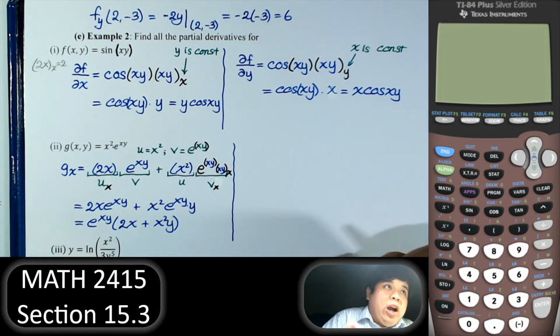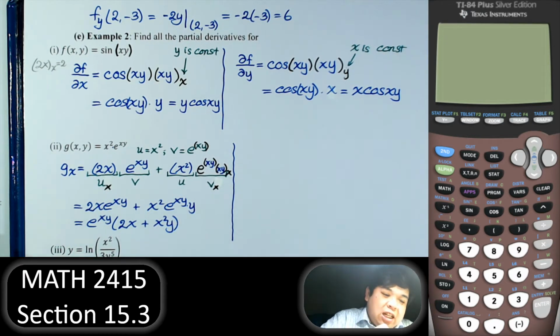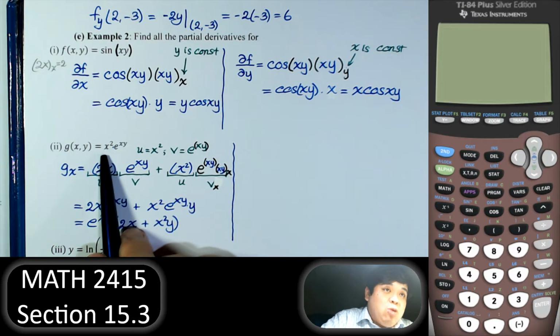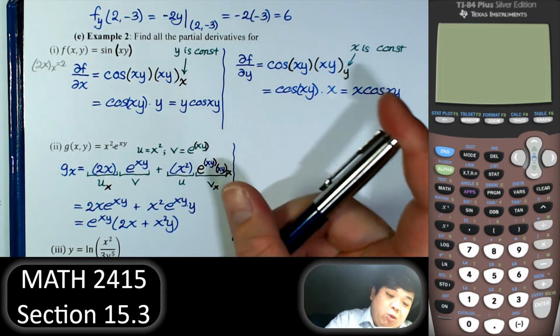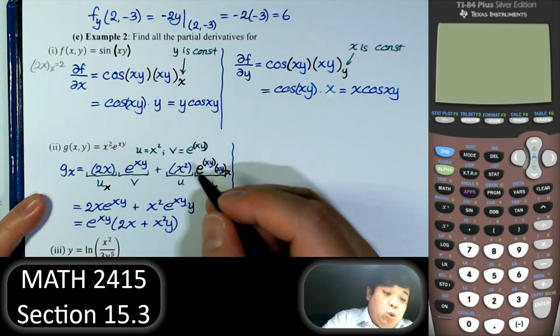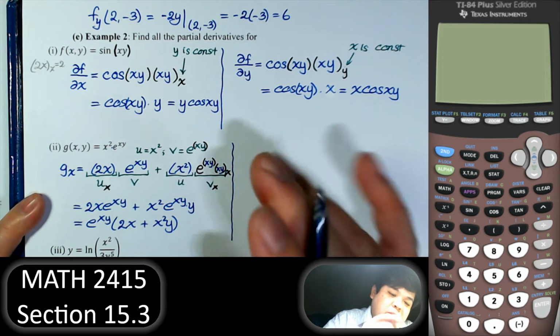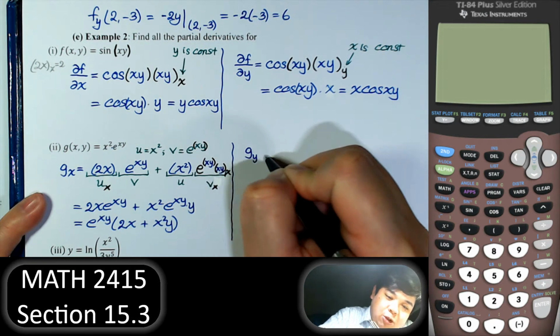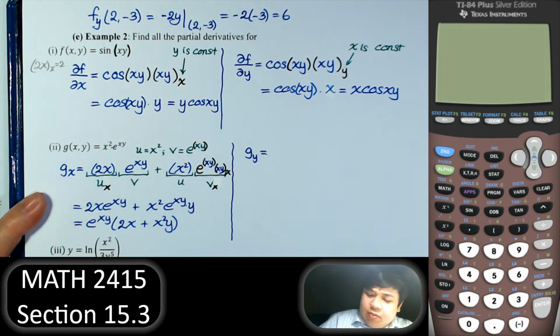Derivative with respect to y is also the same thing. However, it's just a little bit different. That one has x in it, but if we take the derivative with respect to y, that's just a constant. So we don't need to use the product rule when we take the derivative with respect to y. But I'm just going to do that in a minute. Same thing though.